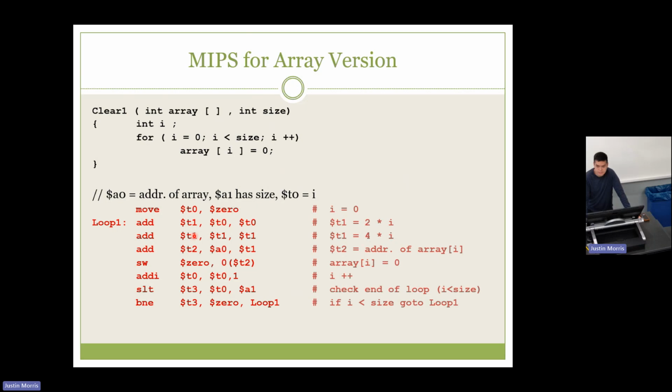So T1 is the offset. Then we're going to add to the base address A0 the offset to get the address that we want to look at. And we're going to store into that address 0, because all we're doing here is zeroing out the array. Then we're going to increment I, set on less than, and branch if we're not at the end.